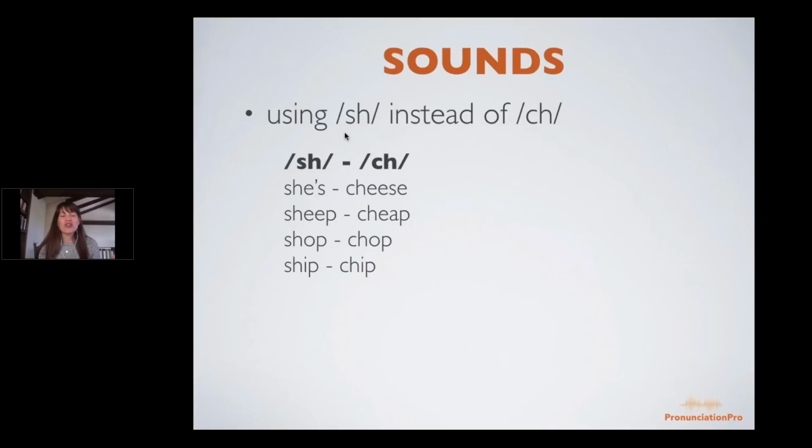Okay, so our Spanish speakers tend towards the pretty sounds and less of the ch sound. But in English, we got to get that ch sound. So instead of she's, I won't need cheese, cheese, sheep, cheap, shop, chop, ship, chip.